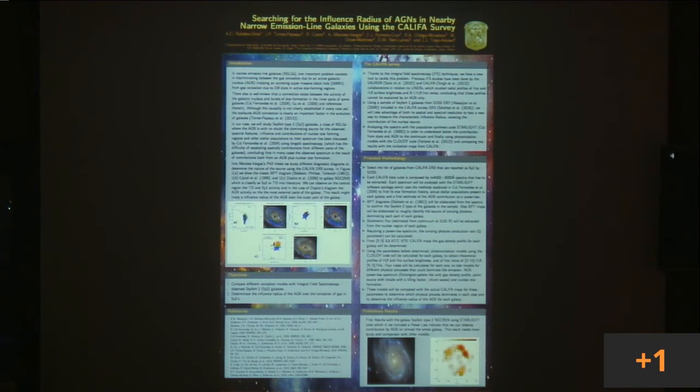We are processing the data cubes with the software STARLIGHT, so we can separate the contribution from different simple stellar populations and the contribution from a power law that we expect from the AGN to the continuum, and determine some physical conditions from other lines in the spectra.